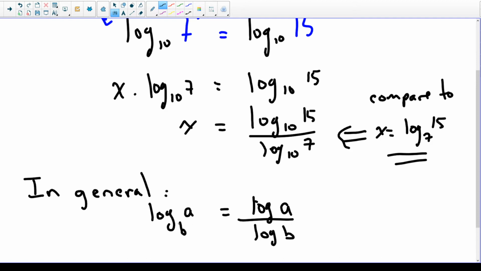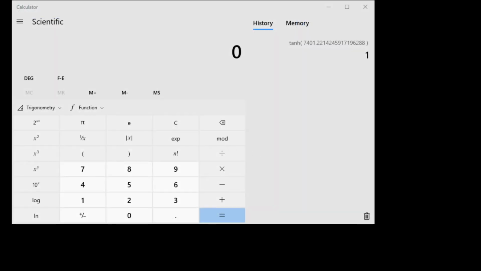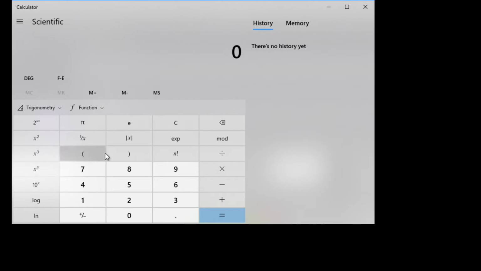Okay. So if we finish this one off, log base 10 of 15 over log base 10 of 7, you can actually type all of that into a calculator. So I'm going to pull up the calculator here. So let me just delete that entry. On this calculator, I have to put the number in before I press the log button.